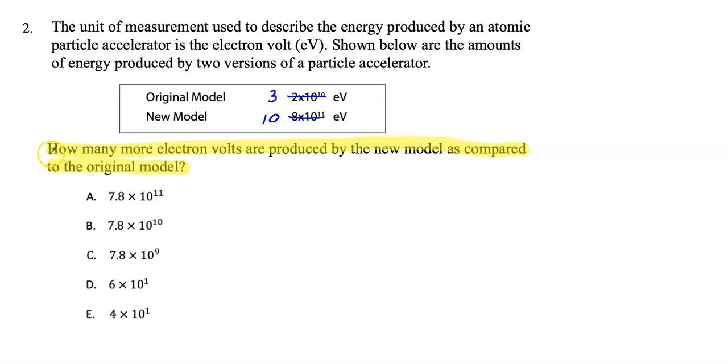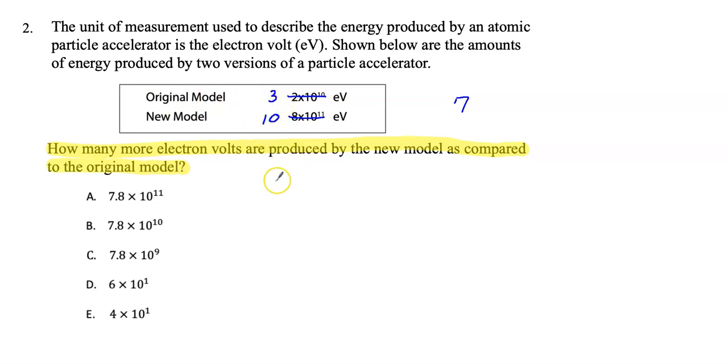Now, it says here, how many more electron volts are produced by the new model as compared to the original model? Well, with numbers like this, what do you think the answer would be? It would be 7, right? The new model produces 7 more electron volts than the original model if we were using these numbers.